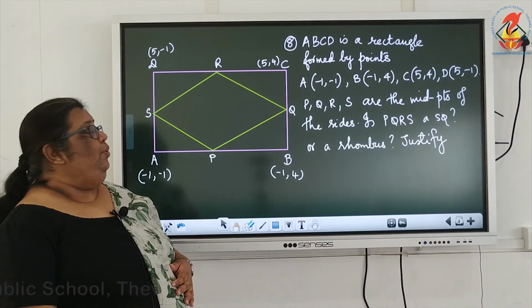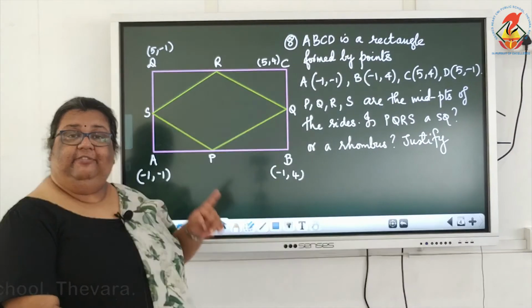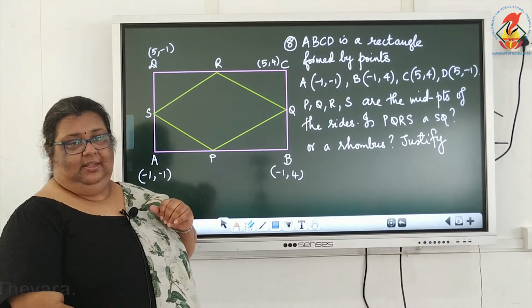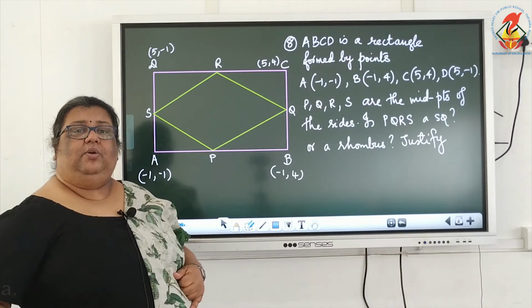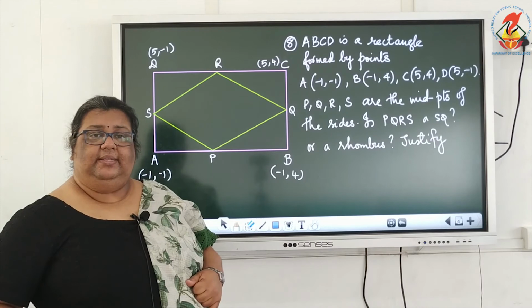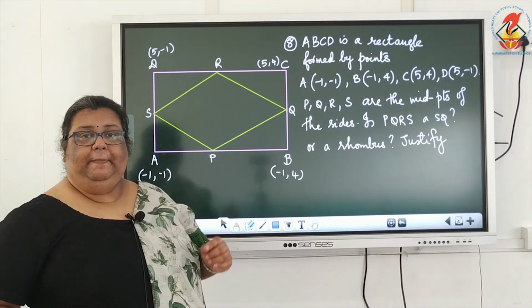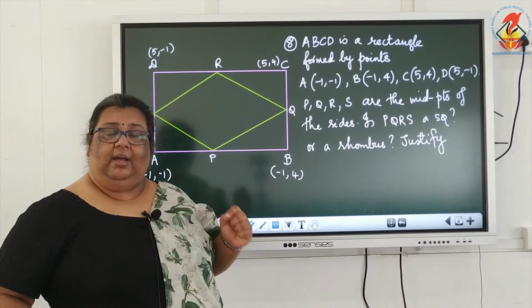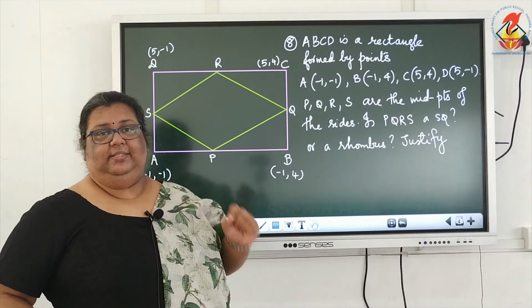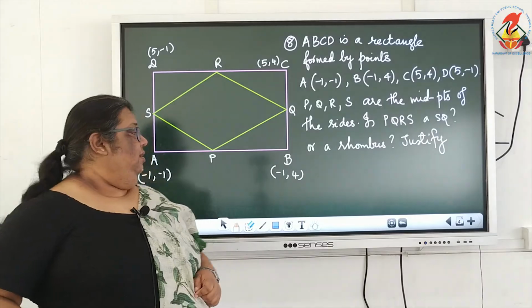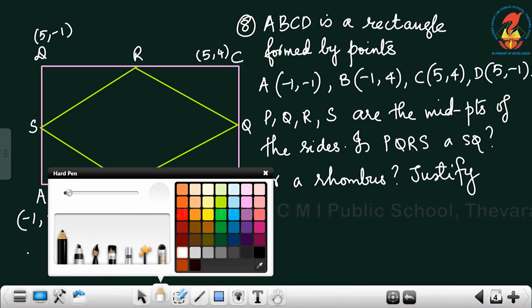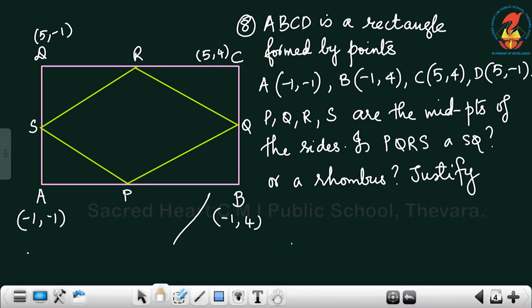So, first we should know what all are the coordinates of P, Q, R and S. How will we find the coordinates of P, Q, R and S? Read the question again. What are P, Q, R and S? P, Q, R and S are the midpoints of the line segments. What is the formula to find the midpoint of a line segment, children?